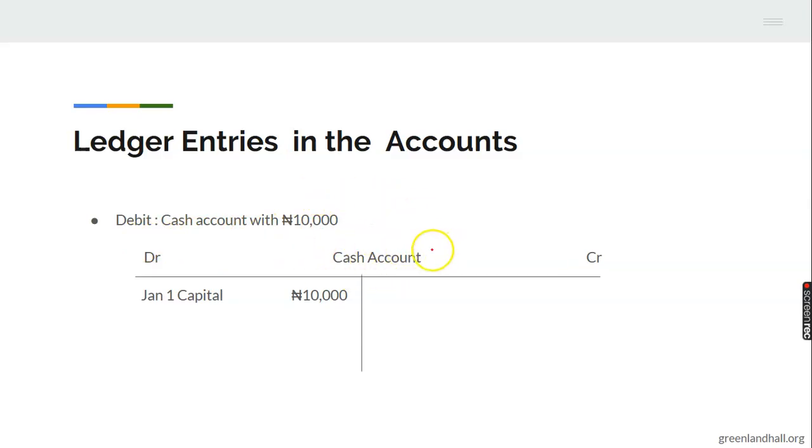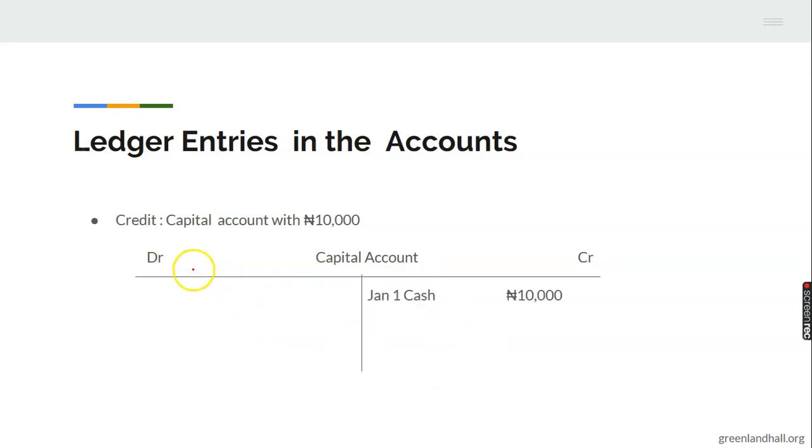So this is the cash account now, and it's debited with 10,000 naira from the capital account here. Then credit the capital account with 10,000 naira. So this is the capital account, and this is the cash that was given to the cash account, which is credited here.